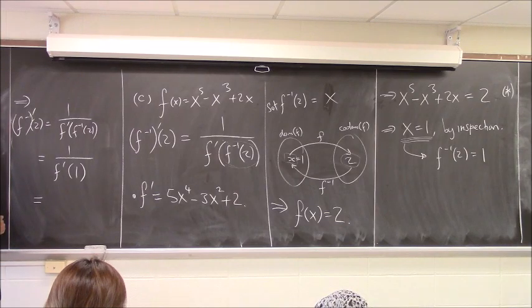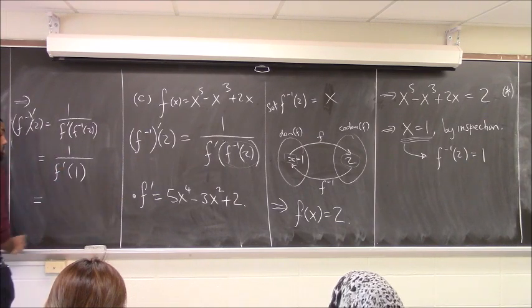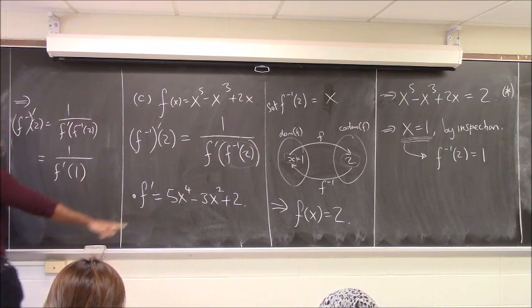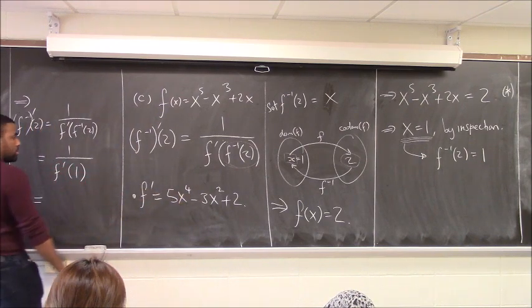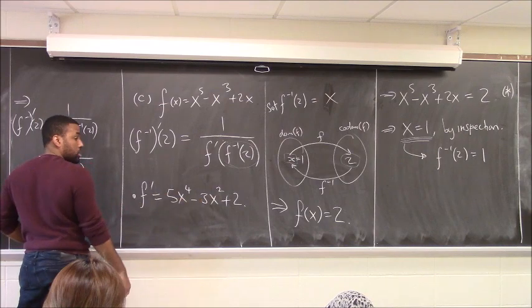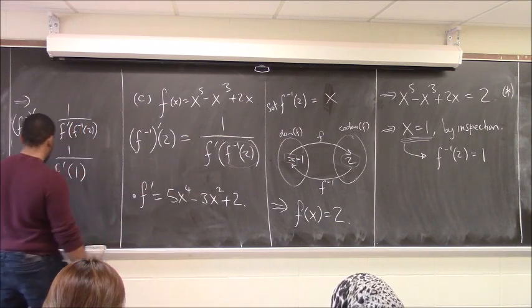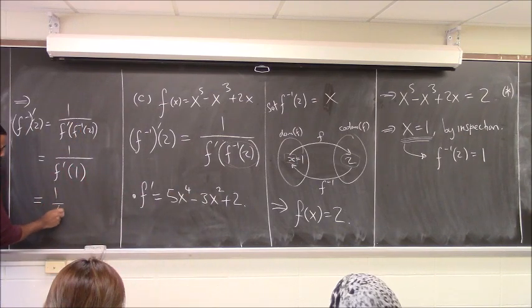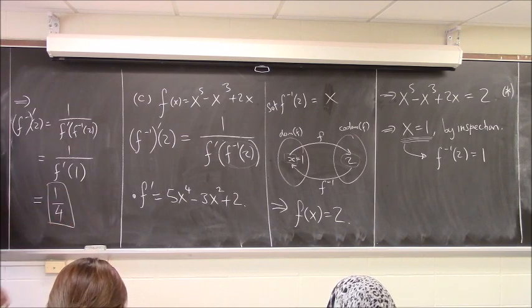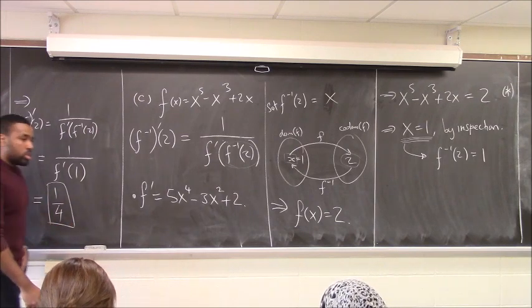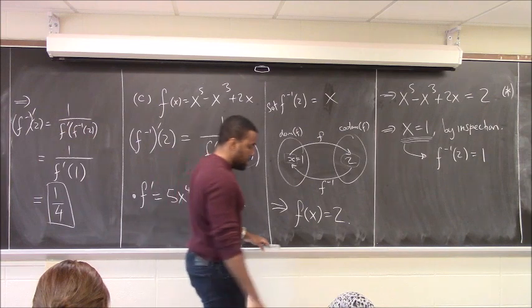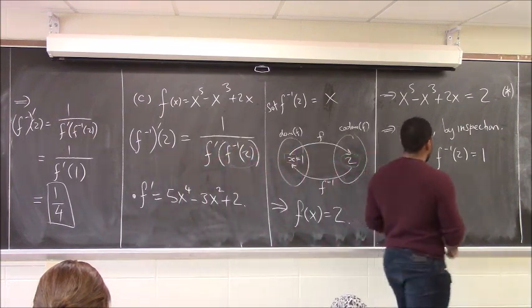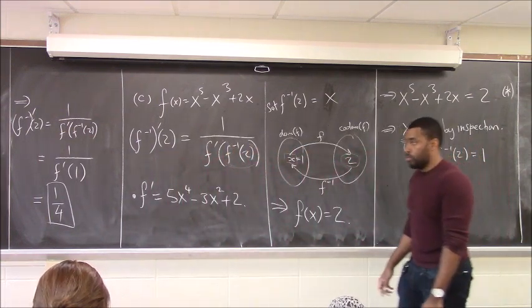And now this is just going to be 1 over f prime of 1, but f prime I know is this. So now I'm just going to plug 1 into that. So it's 5 minus 3, I get 2, plus 2 gives me 4, so this ultimately becomes 1 over 4. So the slope of the tangent line to the inverse function at 2 is actually a quarter.